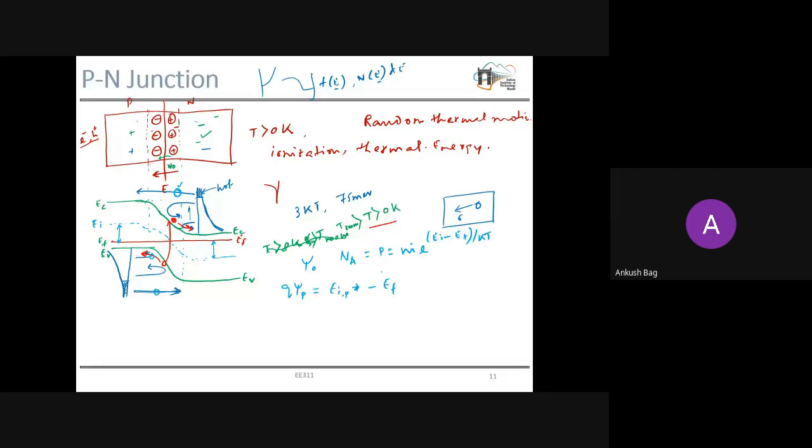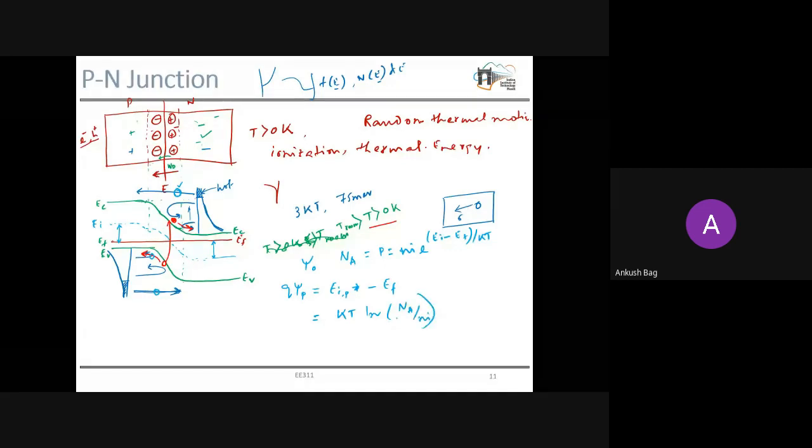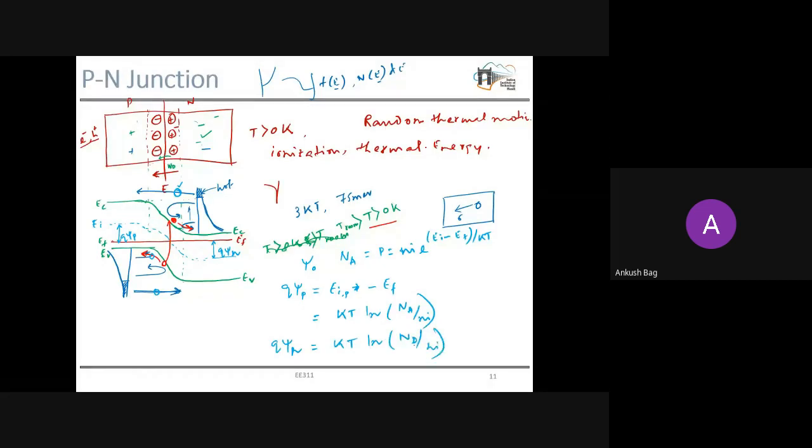Now if we take the help of this equation, it will be kT natural log of Na by Ni, and similarly your q phi n, sorry, q phi p, and q phi n will be kT natural log of Nd by Ni.